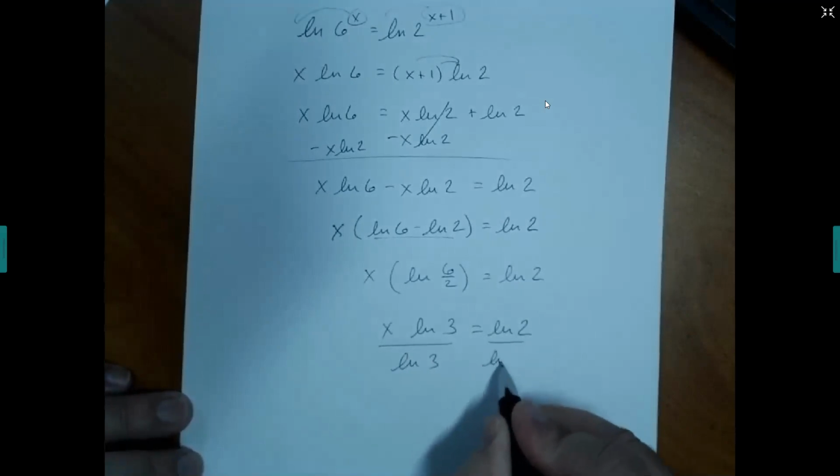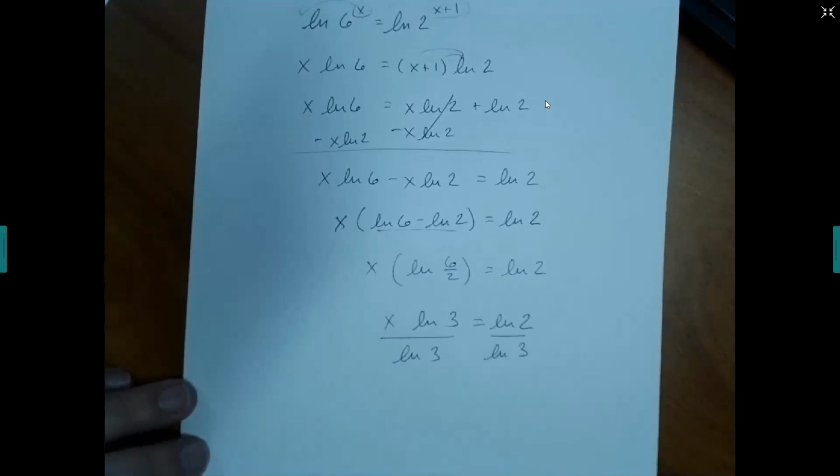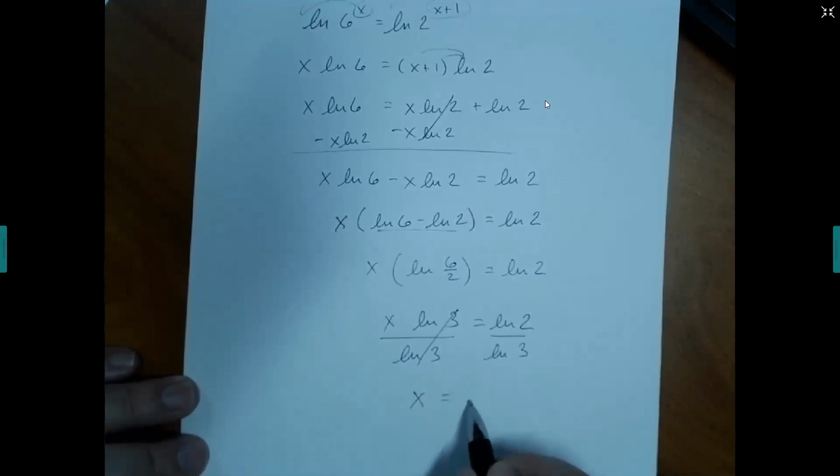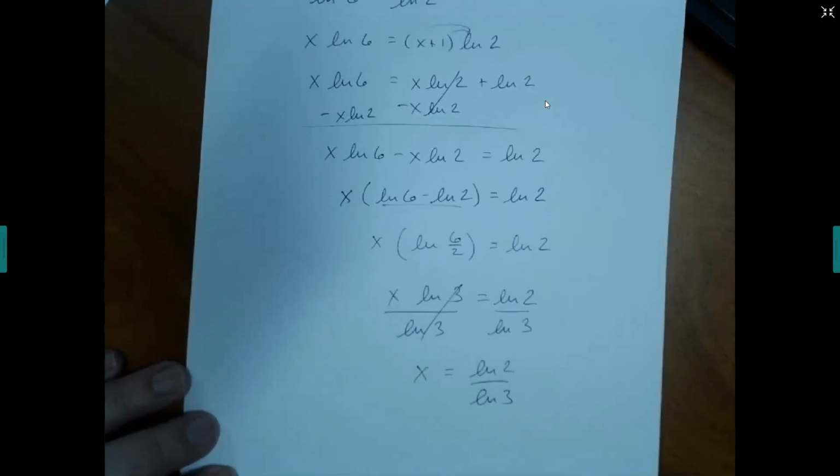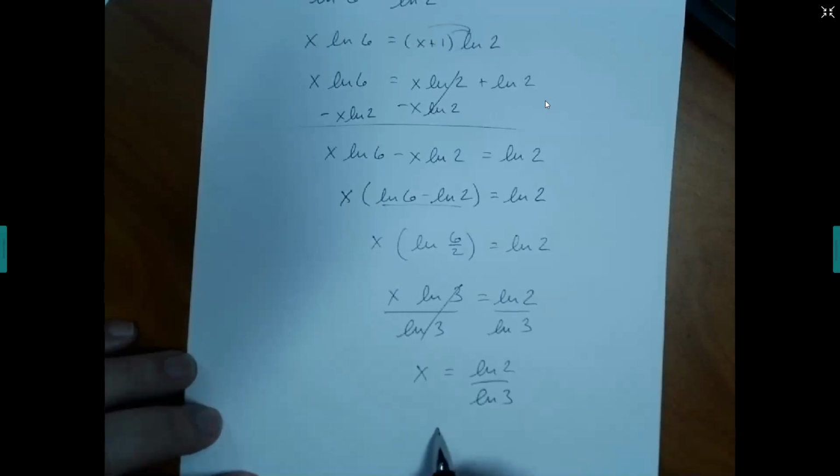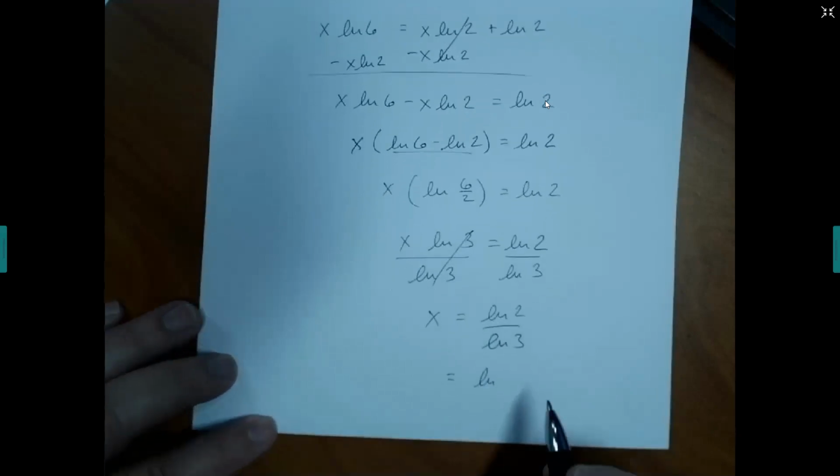Divide both sides by ln 3. Since we're dividing, we can subtract them.